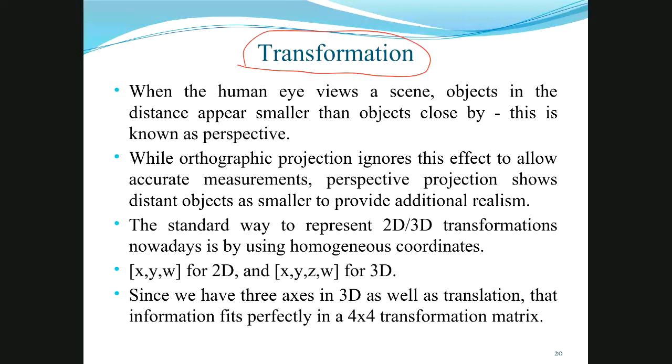In two dimensions we have only x and y coordinates and the window size, but in three dimensions we have x, y, and z coordinates along with the window position.